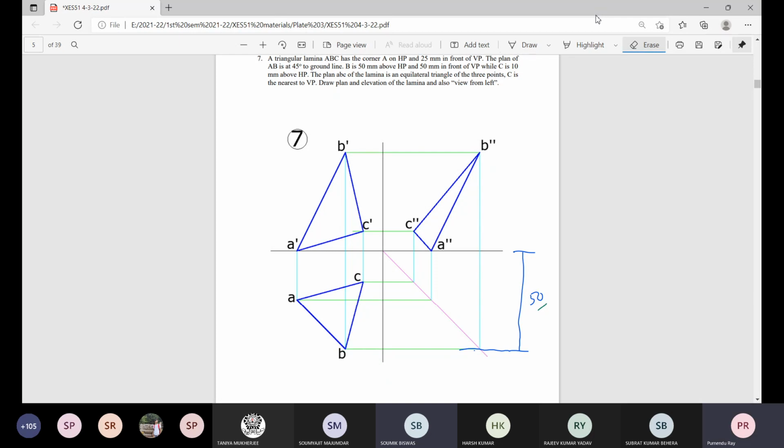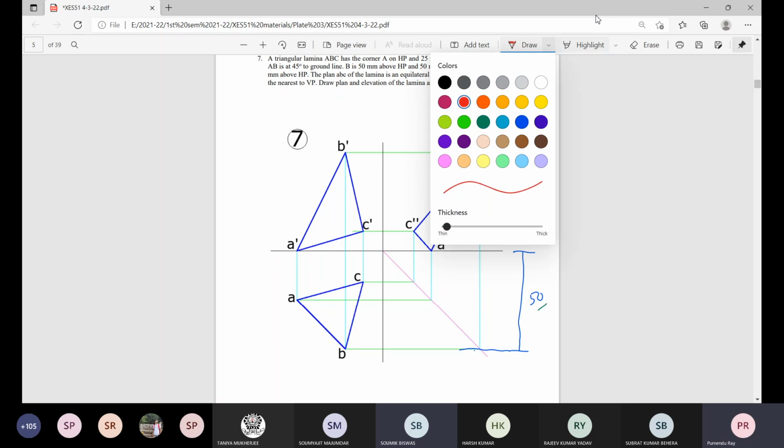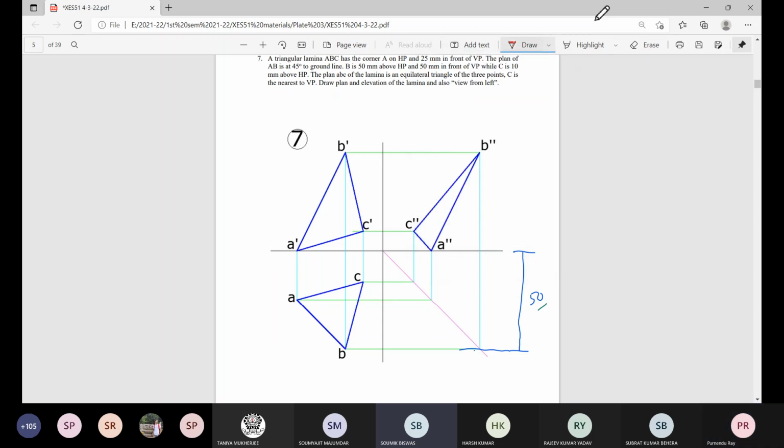So first thing, a triangular lamina ABC has the corner A on HP and 25 millimeter in front of VP. So on HP and 25 millimeter, this is step 1. What about step 2? The plane of AB is at 45-degree to the ground line.